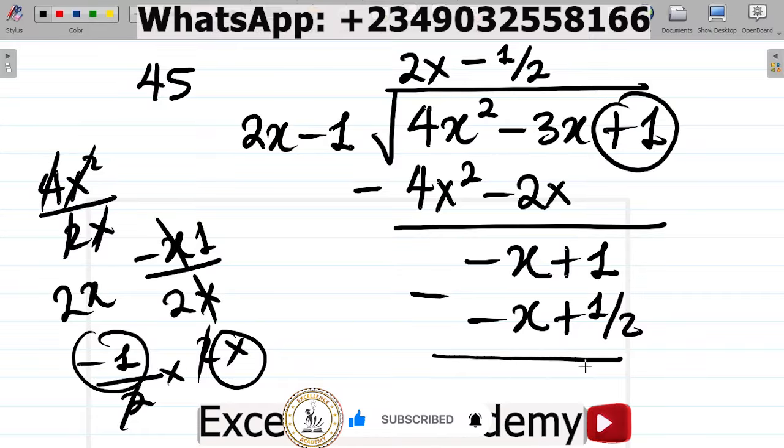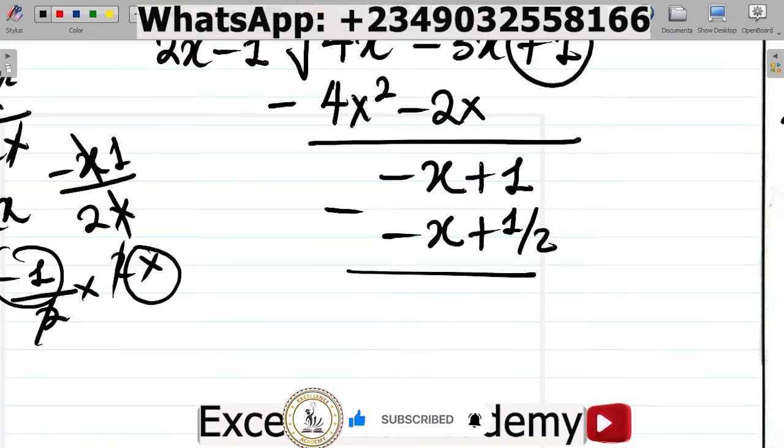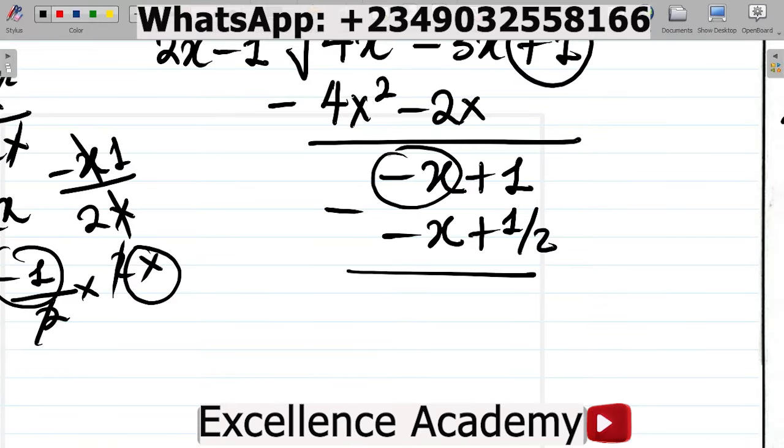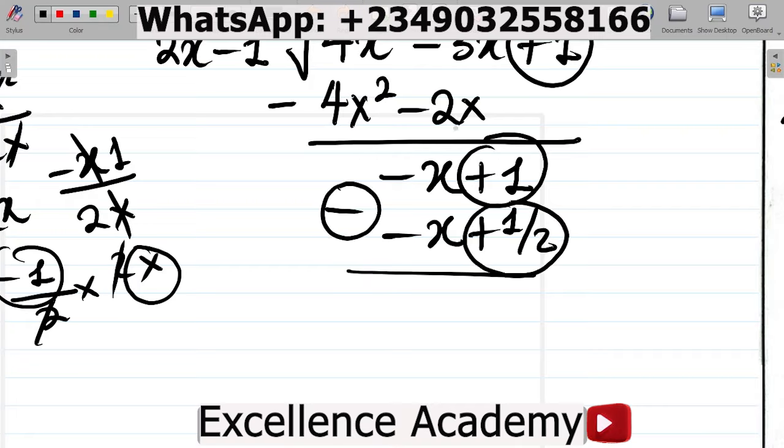Let's now subtract this. From here, this becomes minus x minus x. We know that from here, minus minus gives you plus. So basically, I'm having minus x plus x, and that gives you 0. So it's off.